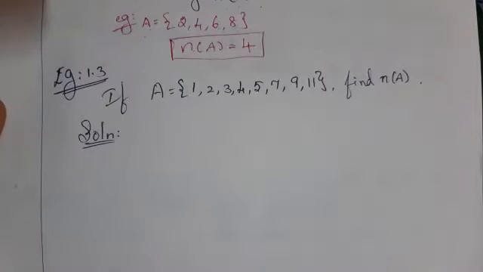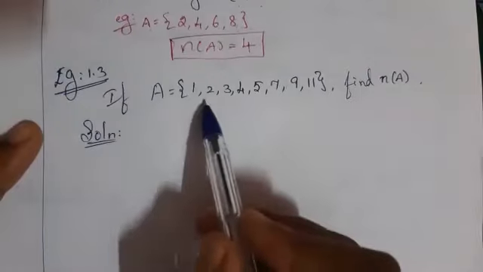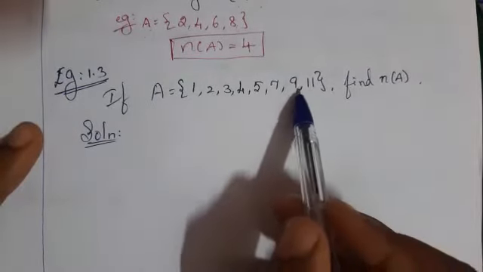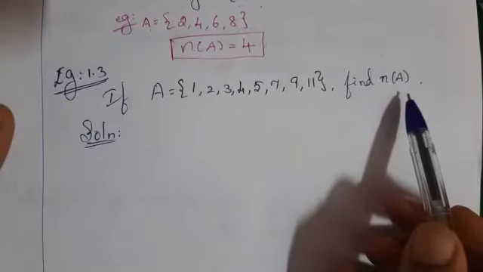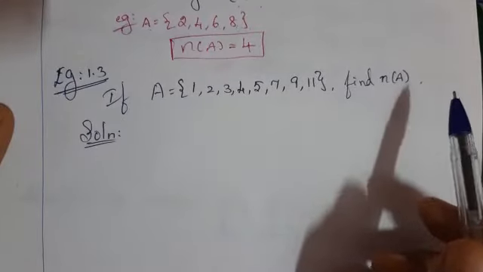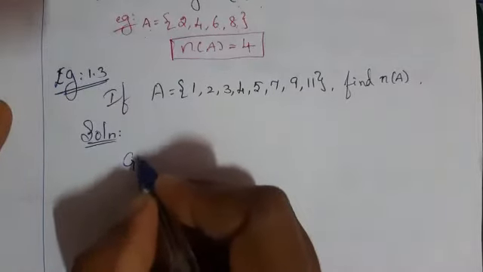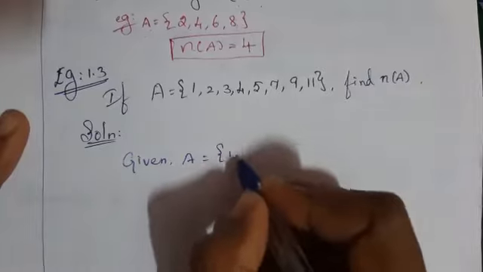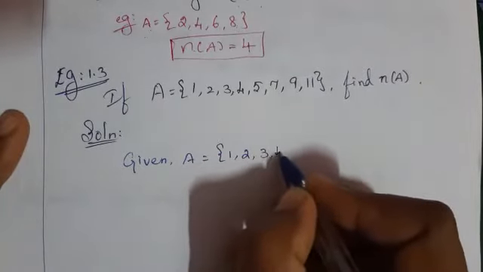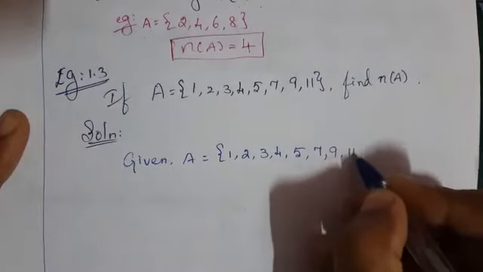Here you have one example. Example 1.3. If A is equal to {1, 2, 3, 4, 5, 7, 9, 11}, you have to find n(A). What is the meaning of n(A)? Cardinal number of A. Okay. First write the given set. Given A = {1, 2, 3, 4, 5, 7, 9, 11}.